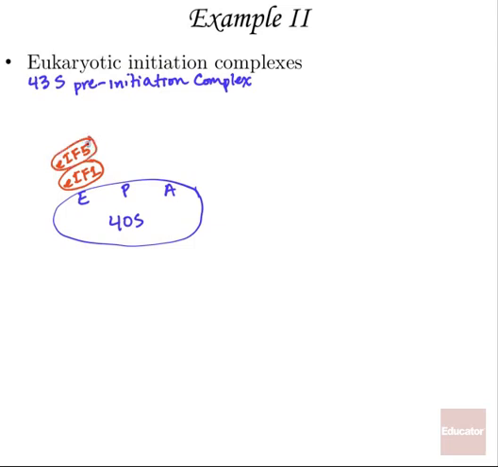Over here at the A site, we have EIF1A binding here. That's blocking the acceptor site so that we can't have new tRNAs coming in. And then we have EIF3 binding that.